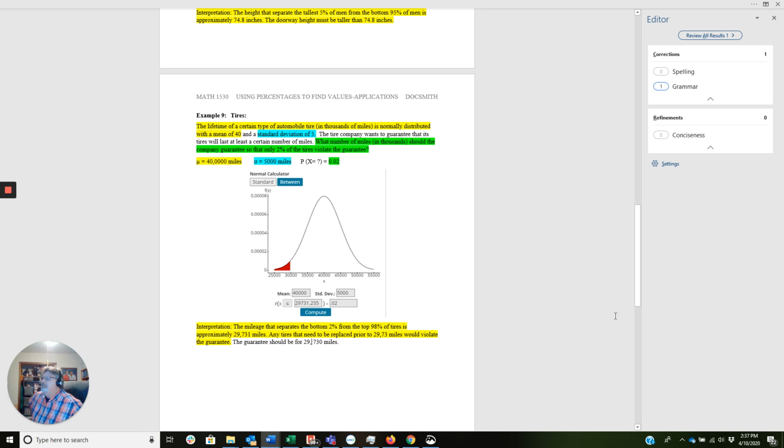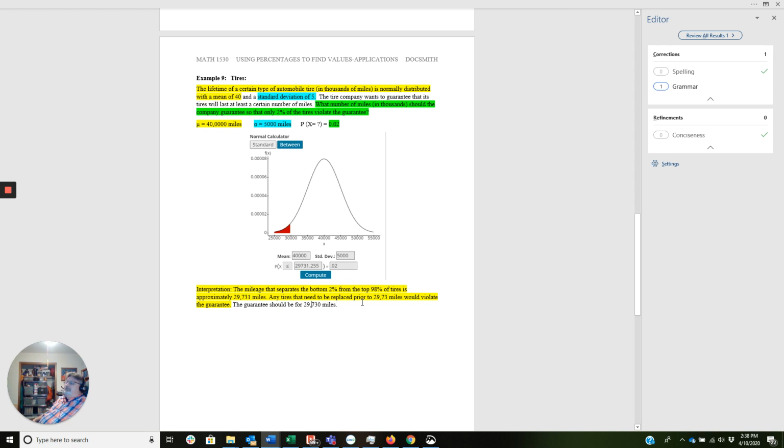Now, nobody would do it that way. They might make it for 29,000 miles. They probably make it for 30,000 miles. But if you're a business dealing with thousands and thousands of tires, those small percentages can get to be really big numbers. But anyway, the guarantee should be for 29,730 miles.